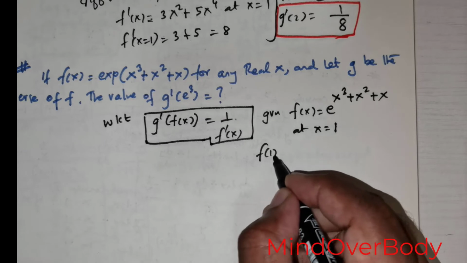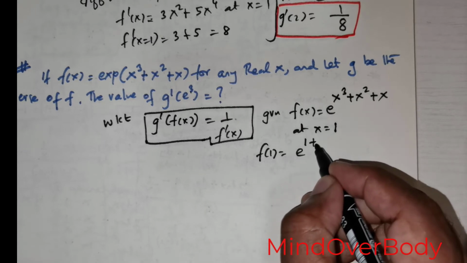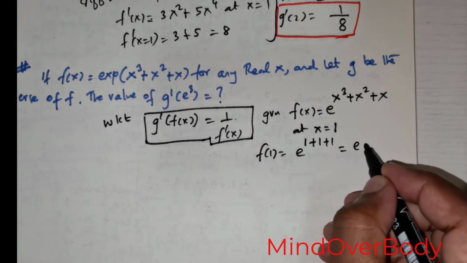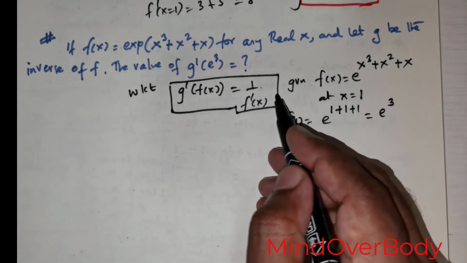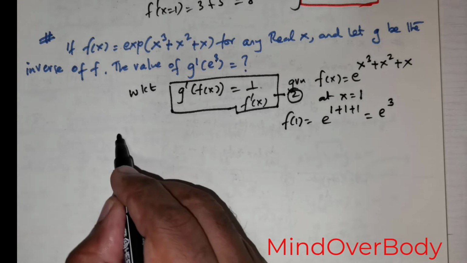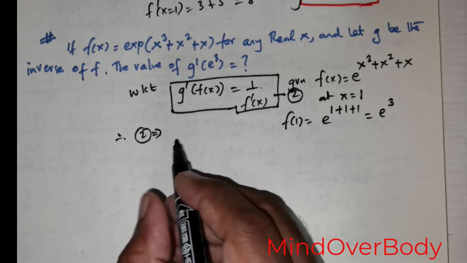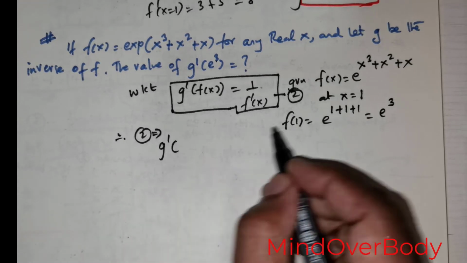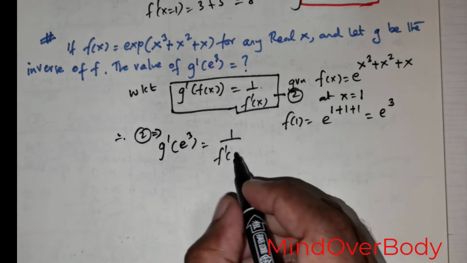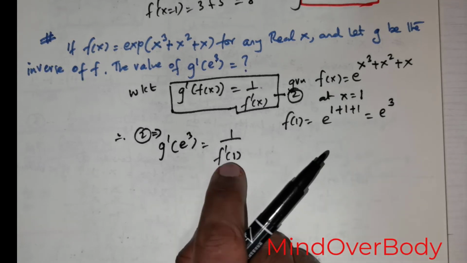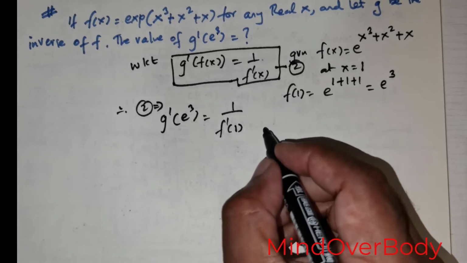So this means f of 1 is equal to e raised to the power of 1 plus 1 plus 1, which is equal to e raised to the power of 3. So hence if I take this as 2, therefore 2 can be rewritten as g dash of e raised to the power of 3 is equal to 1 over f dash of x is equal to 1. So this is what we have to get.